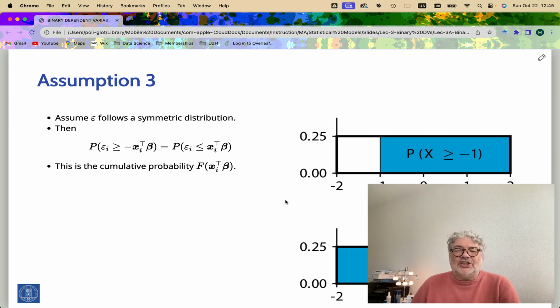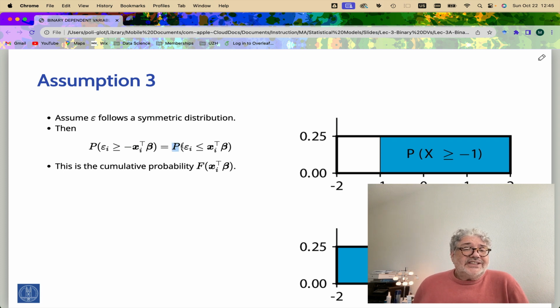You see that actually reflected in a very simple uniform distribution, which I've drawn here from -2 to +2, and then I've indicated the probability that x is greater or equal -1 as this blue area. But if I instead had calculated the probability that x is less or equal 1, I would have gotten a blue area that is exactly as large as what you see in the top plot.